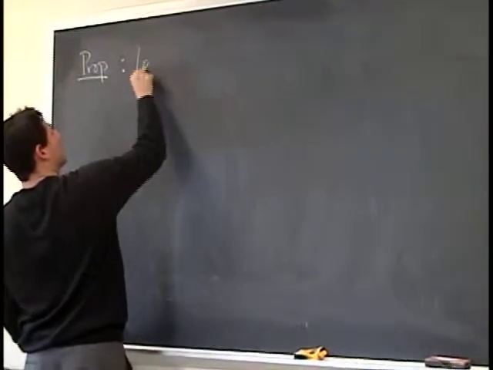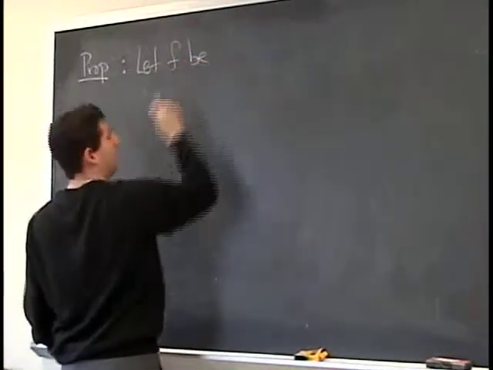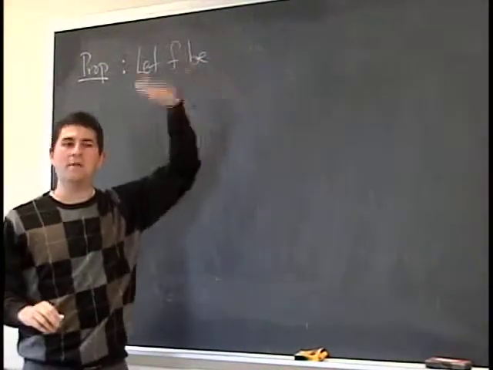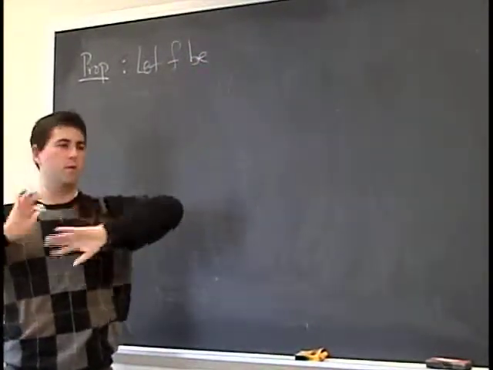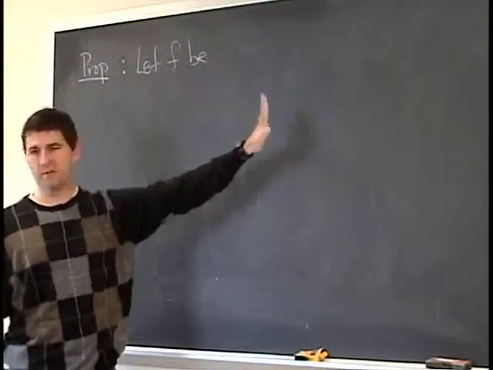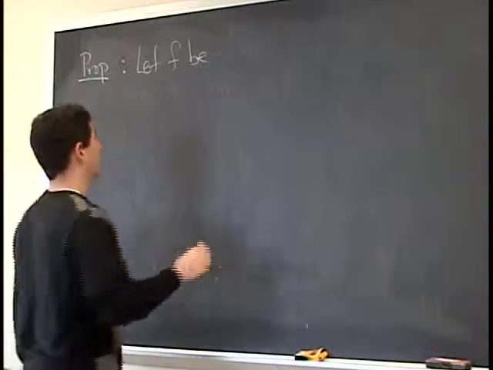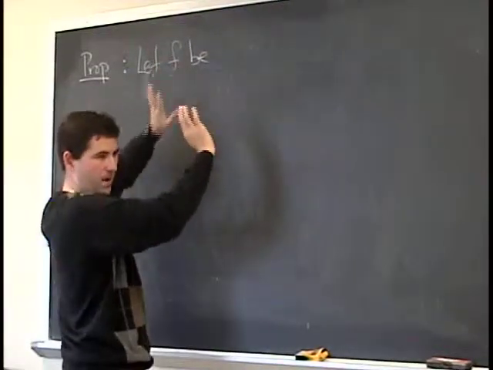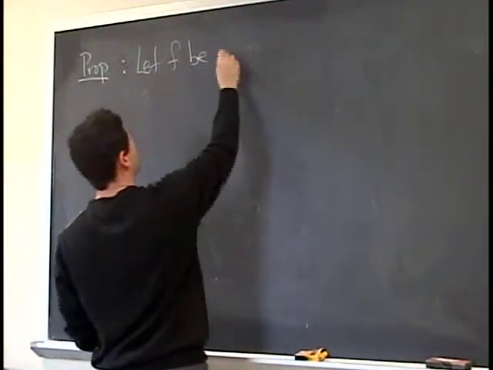So let's let... Now, the hypotheses that I'm going to put down here, we're always going to have. You don't have to worry about them. They're only in there so that I can use the mean value theorem later on. So don't be scared off by these hypotheses. I'll tell you what everything means.